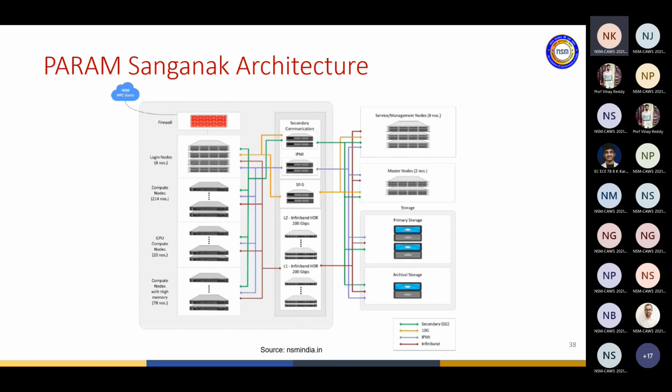And here they are showing the networking switch, which is used to connect the left and the right. On the right, there's also some service node and so on. So that is the supercomputing ecosystem. What all goes on in the ecosystem? Let me just talk about that a bit.